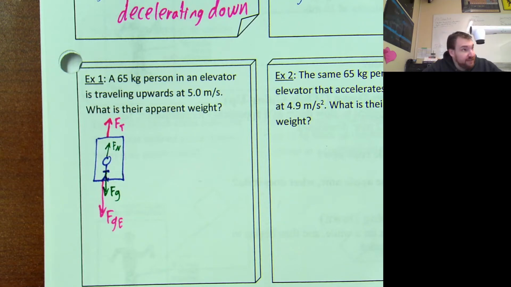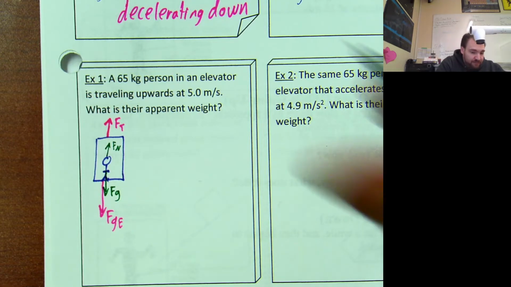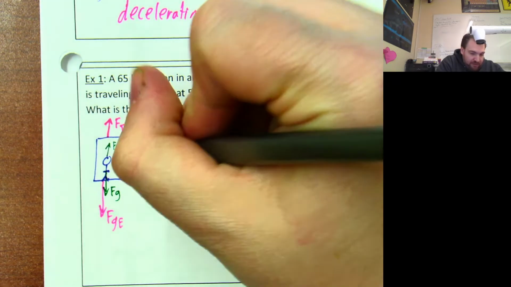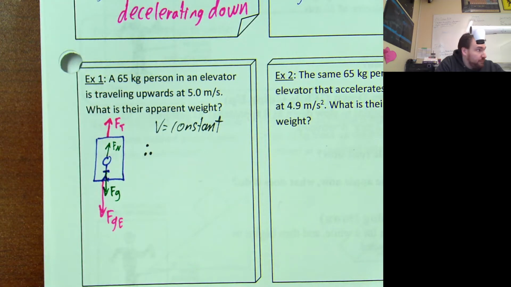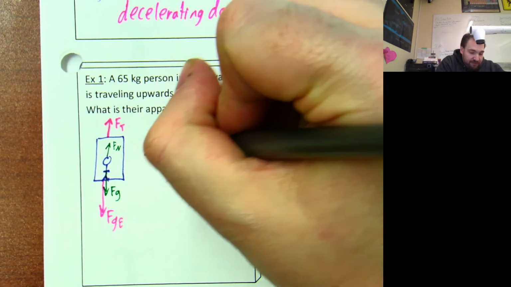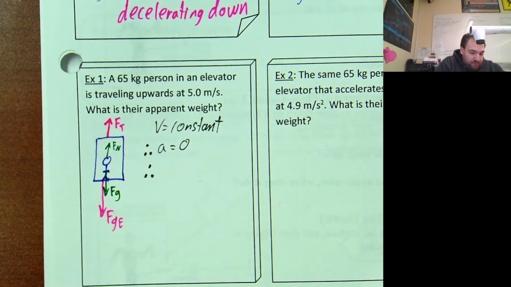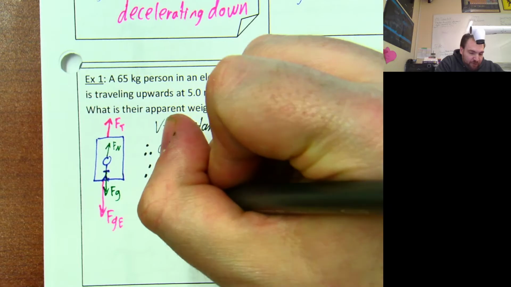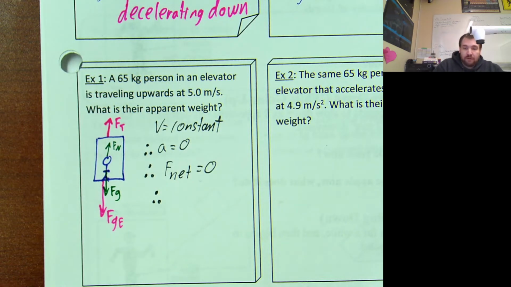The velocity is constant. Therefore, acceleration equals 0. Therefore, F net equals 0. If there's no acceleration, there's no net force. If there's no net force, what must be true? They're balanced.